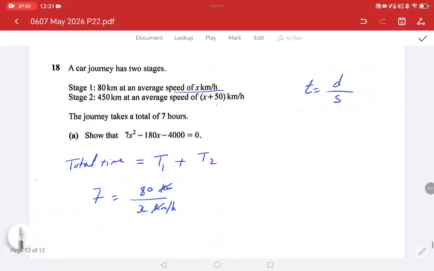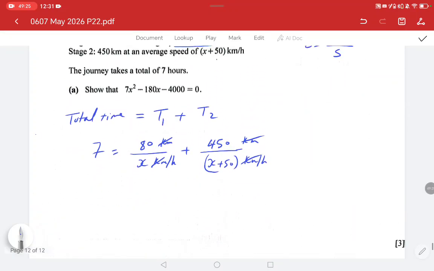Look now, this one will be in hours, just to ensure that our units and calculations are correct. So here the distance 450 kilometers, and here x plus 50 kilometers per hour.